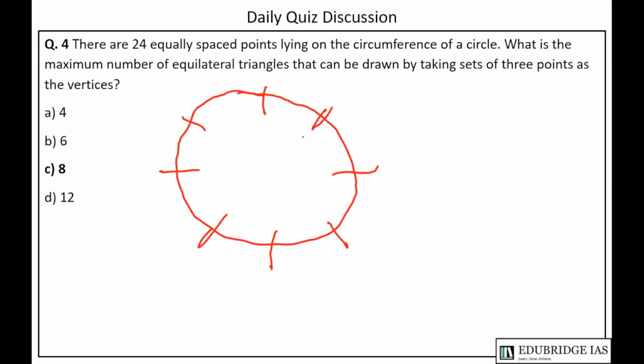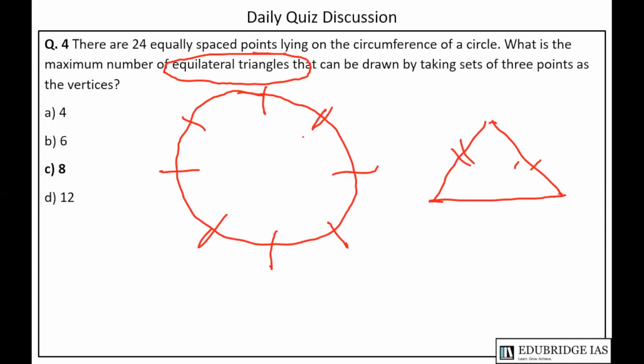What is the maximum number of equilateral triangles? Focus on this. An equilateral triangle means a triangle whose all sides are equal and the angle between each two sides is 60 degrees. This angle is 60 degrees.